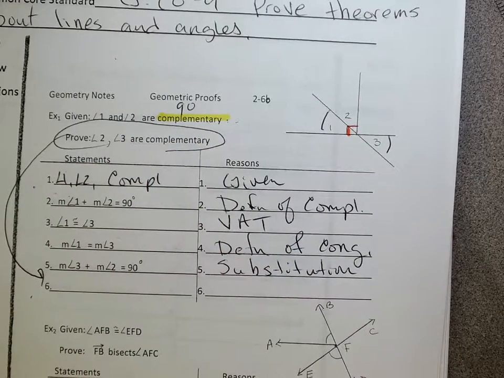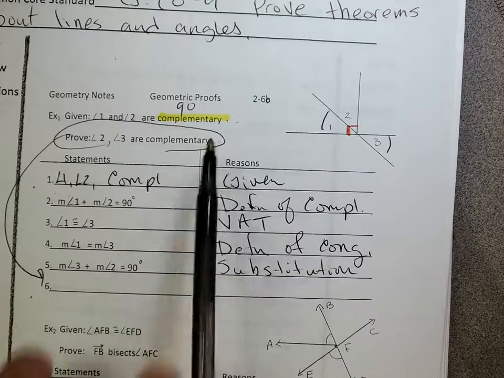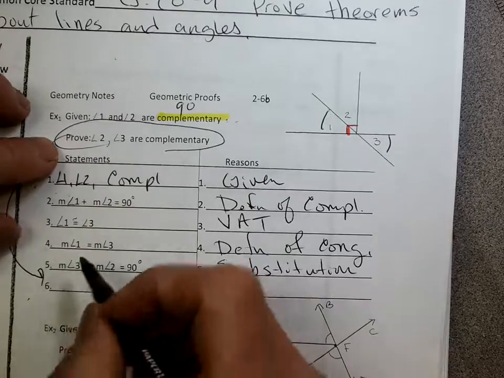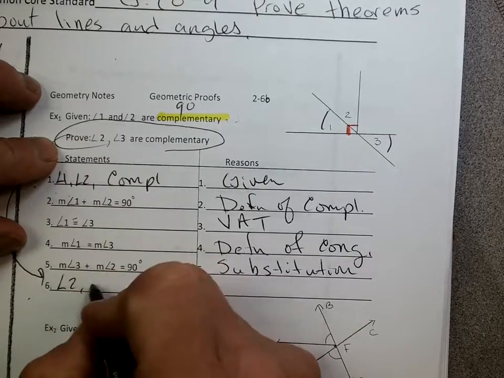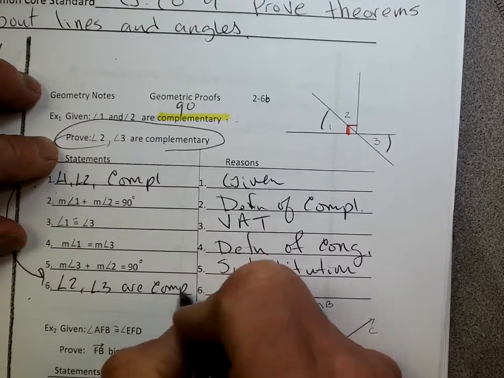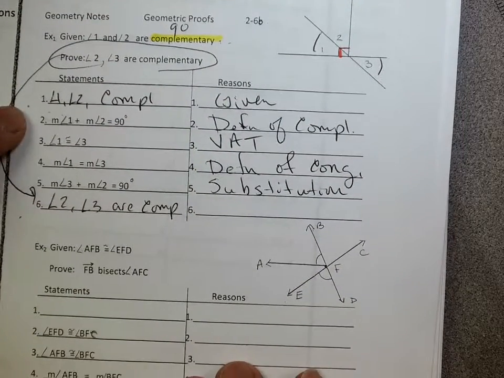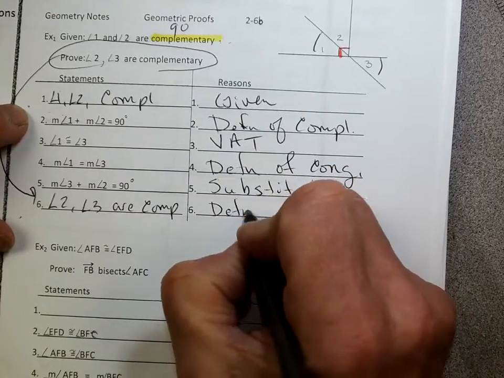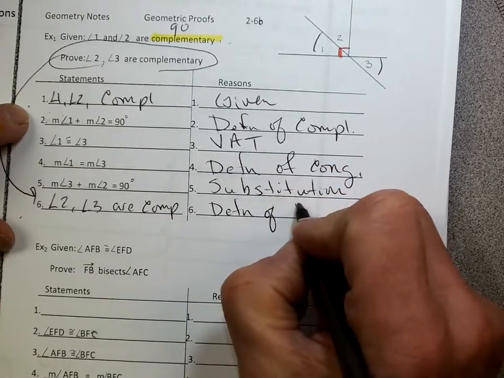So even if you have no clue what we're doing, you do know the first step's the given. The last step has to be what we're proving because we're at the end. So we're going to just say that angle 2 and angle 3 are complementary. And what's the reason for that? What do you think? Definition of complementary. Yep. Definition of complementary.